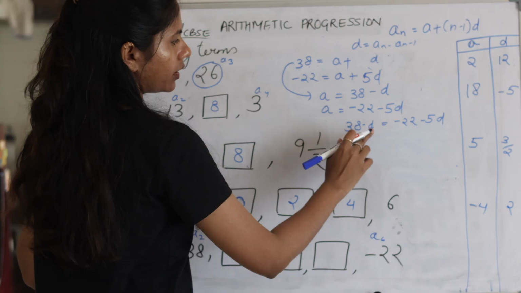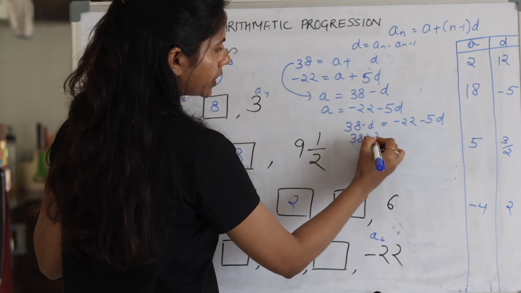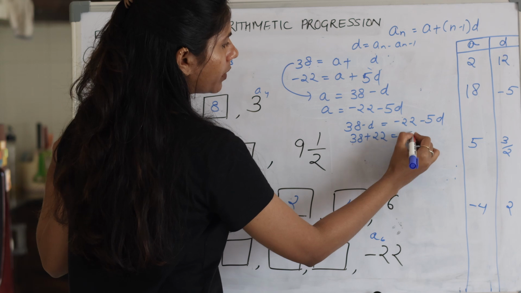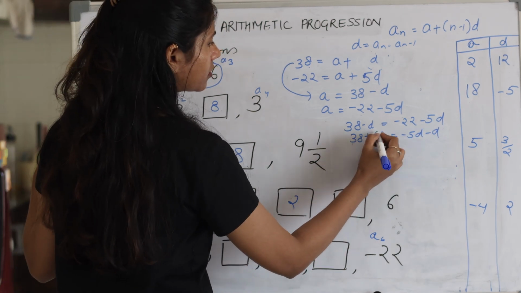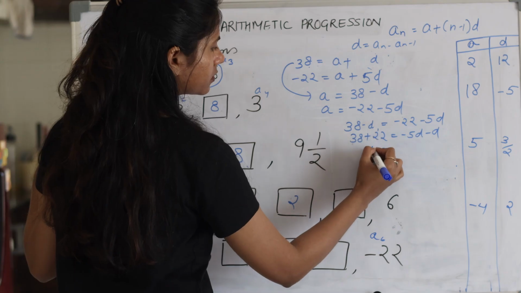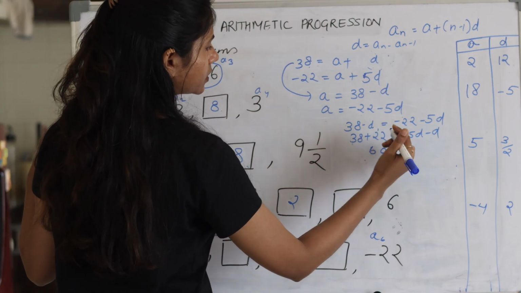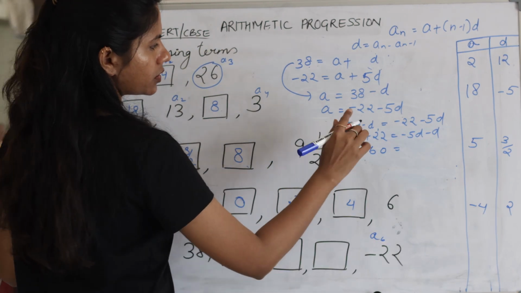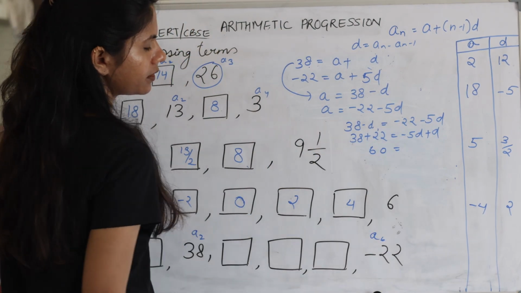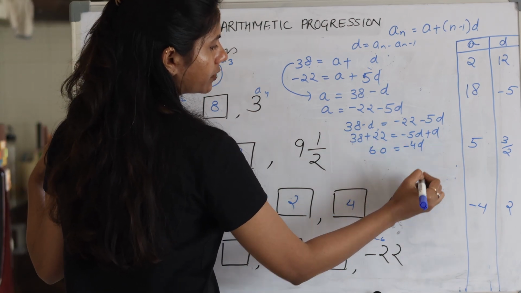Let's solve it and find out the value of D. So 38 plus 22 equals minus 5D minus D, which is, 38 plus 22 will be 60. Now equal to minus 5D, sorry, this D will get plus here. So minus 5D plus D, which is minus 4D.